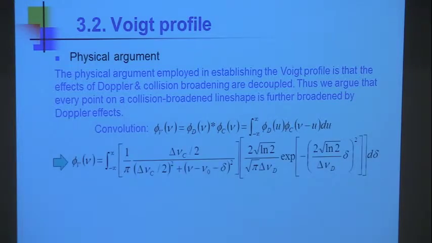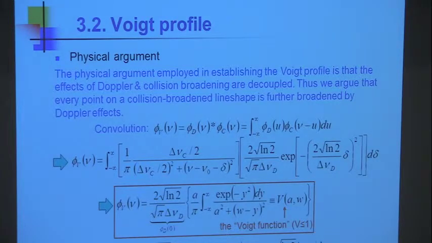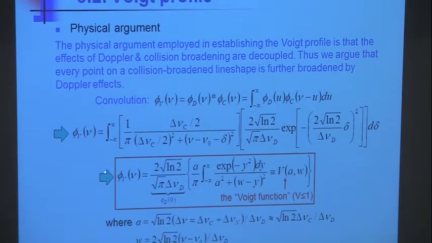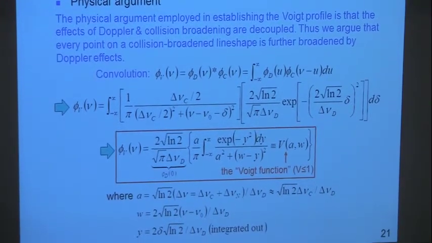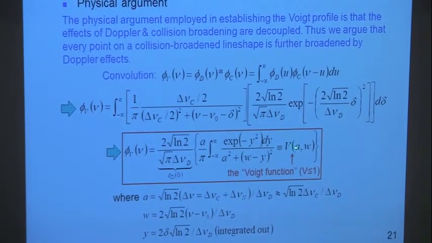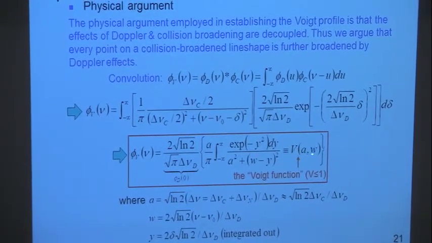When you do this, we're going to end up with a complicated-looking integral. It can be written down like this. Hard to evaluate. So in the end, this tells us that the Voigt line shape function, usually written with a capital V, can be written as a function of two parameters.